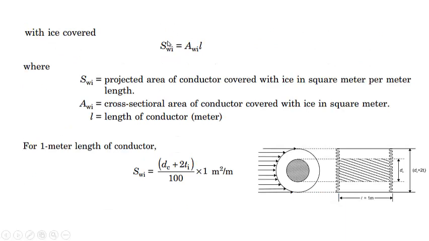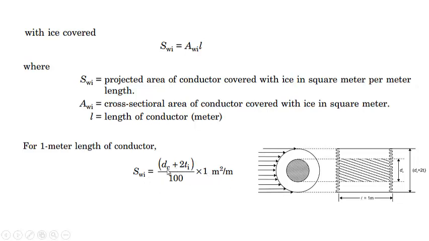So with ice, it will be equal to Awi into L. Now the area that's faced by the air or wind will be this total area. The total area will be equal to dc plus 2 ti into L, but L is considered to be 1.